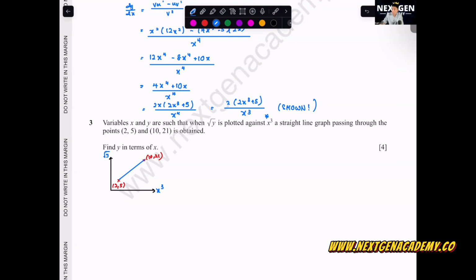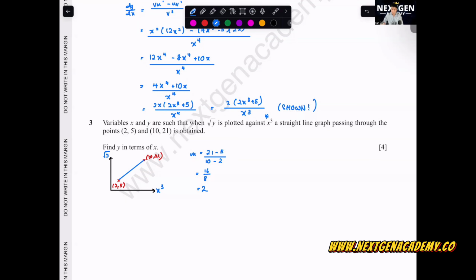Okay, so we find m, which is y2 minus y1 over x2 minus x1, 21 minus 5 over 10 minus 2. Okay, we get 16 over 8, which equals 2. Remember, when we find the m and c, you don't go and convert to the big X and big Y first, which is the square root y and x cubed.